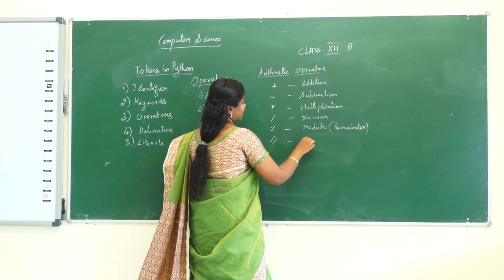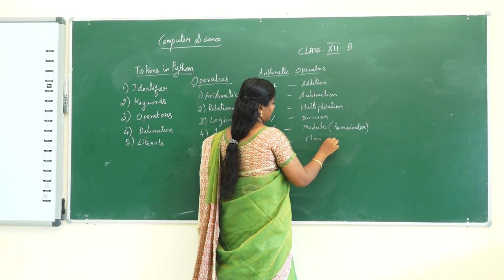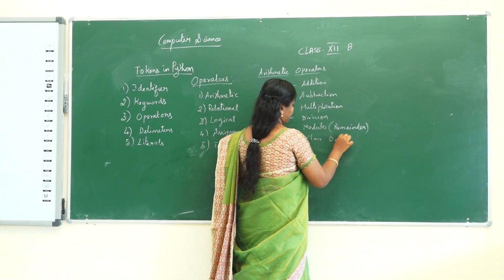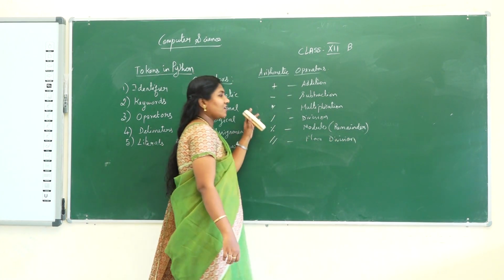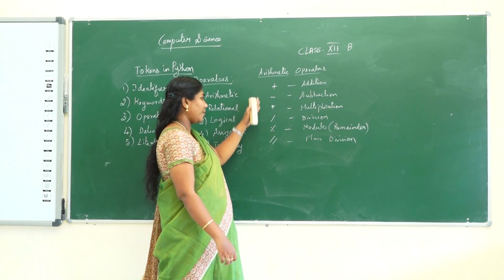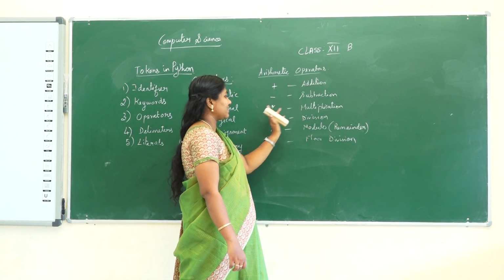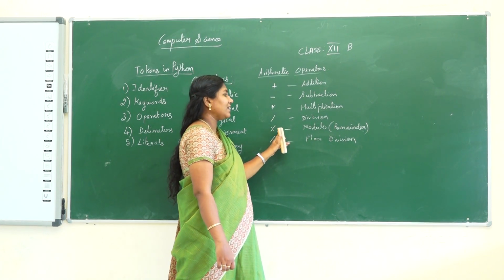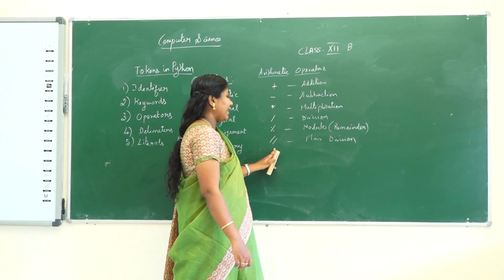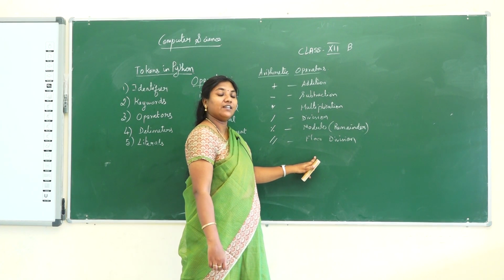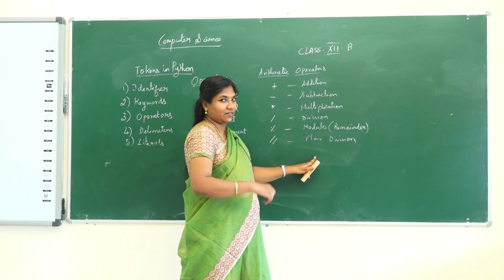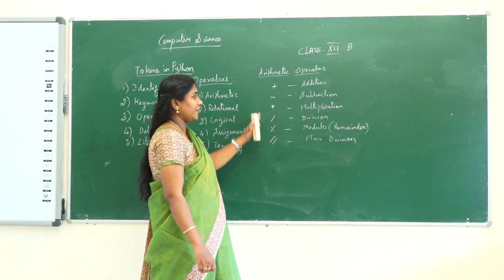And the last, double slash, is floor division. So these are all the arithmetic operators and their descriptions. Plus, addition; minus, subtraction; everything you know. Modulo symbol gives the remainder, and double slash gives the floor division. The answer will be an integer. So this is all the arithmetic operators.